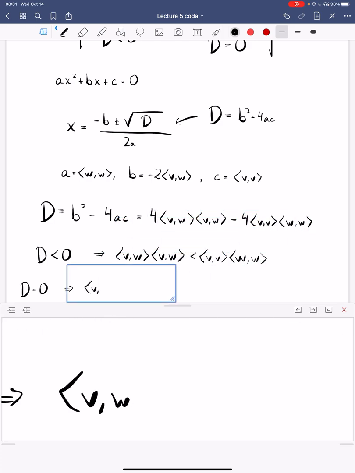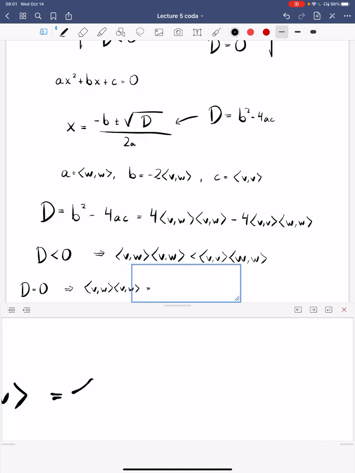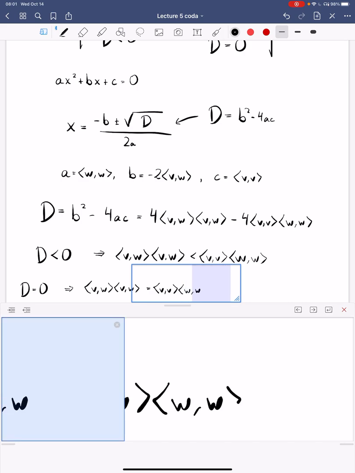So V with W, V with W, is actually equal to V with V and W with W.